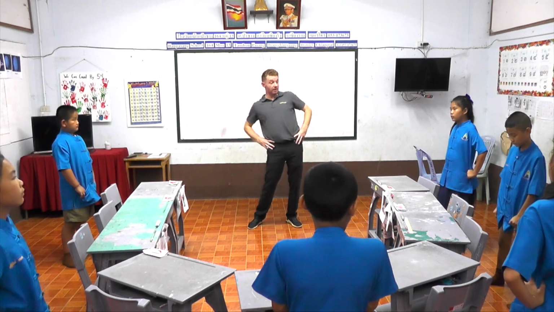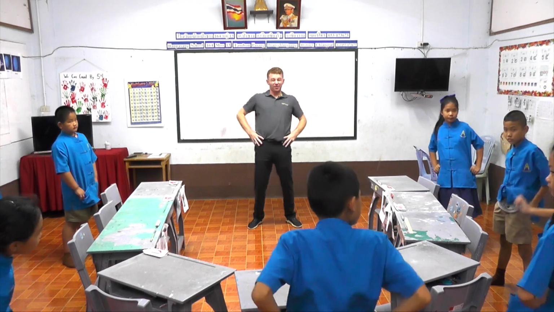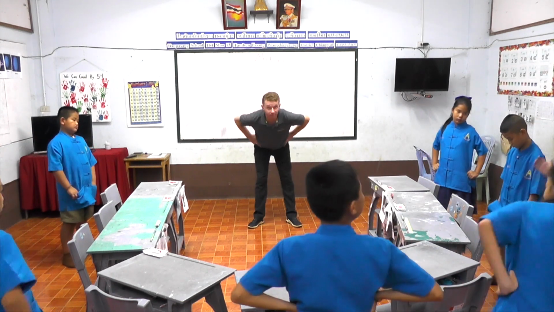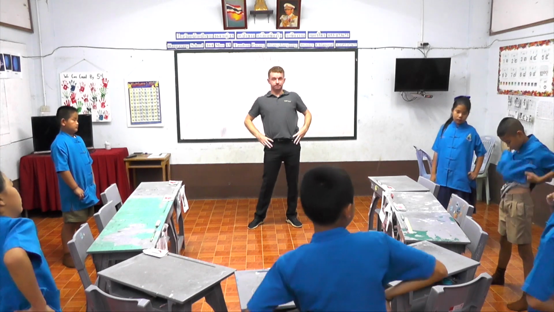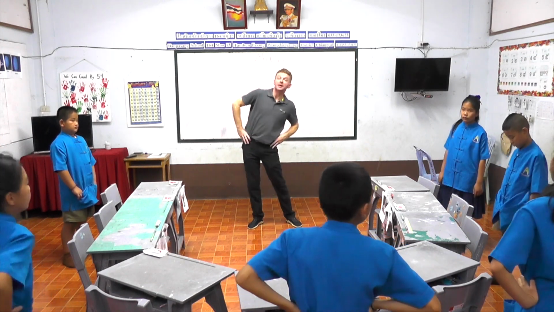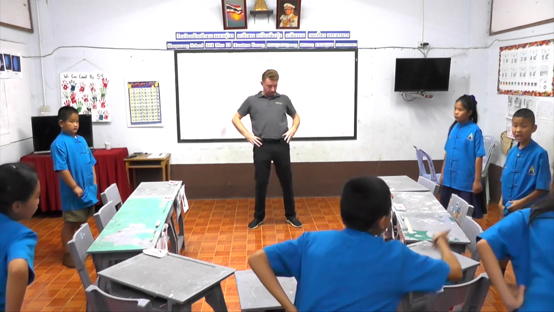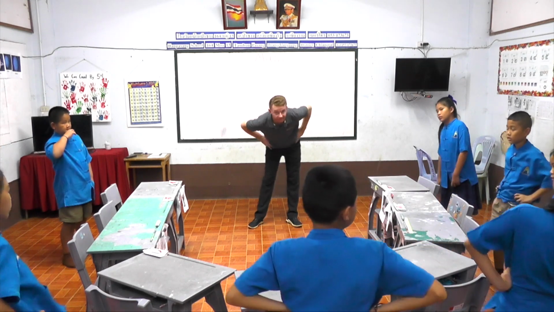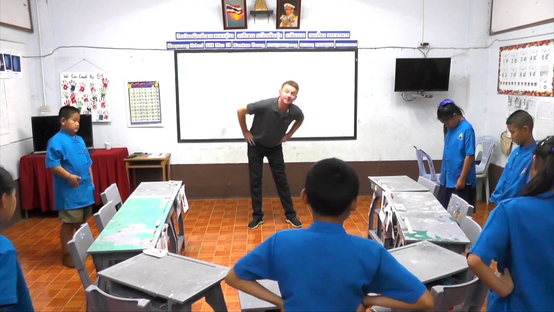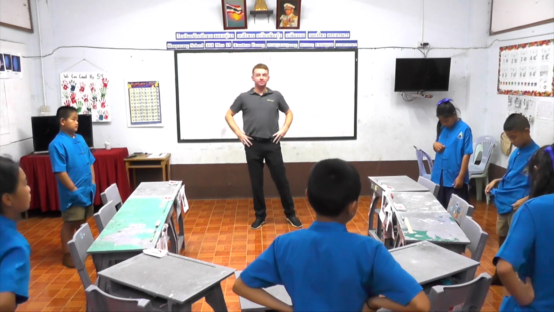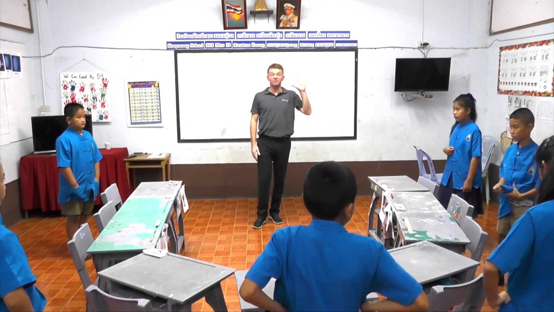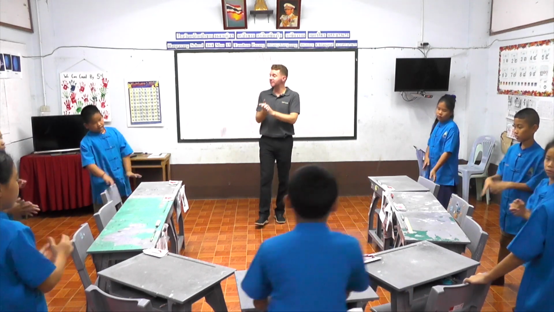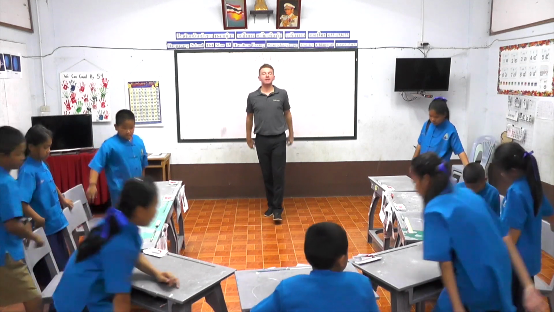And next we'll go rounds and rounds, and stop. Then we'll go back the other way. Round and round the other way. And stop. And to finish, we will do 5 claps. 1, 2, 3, 4, 5. Excellent, guys. Have a seat.